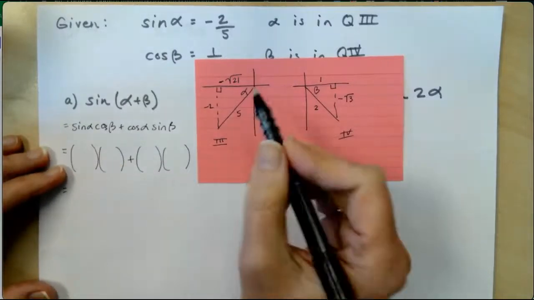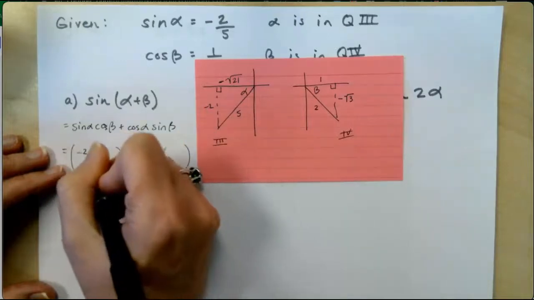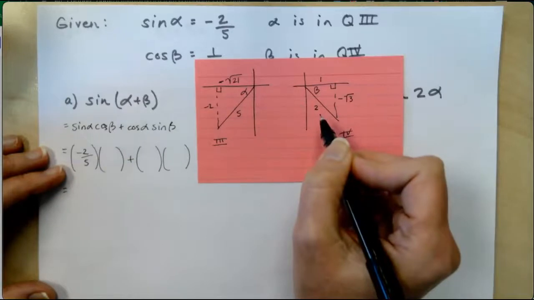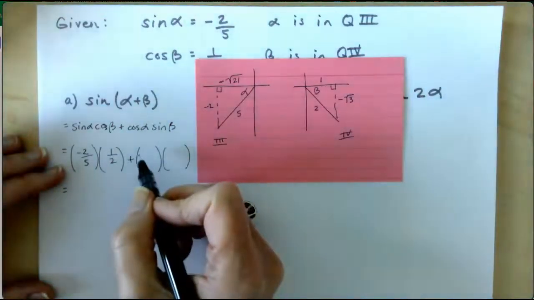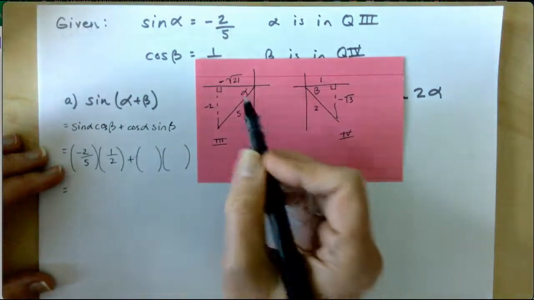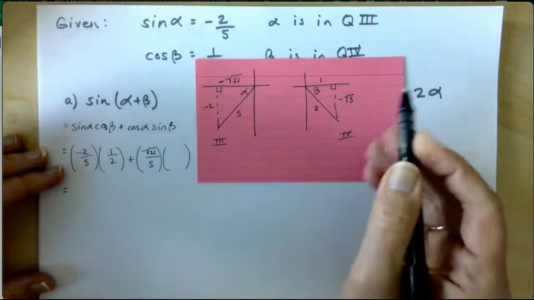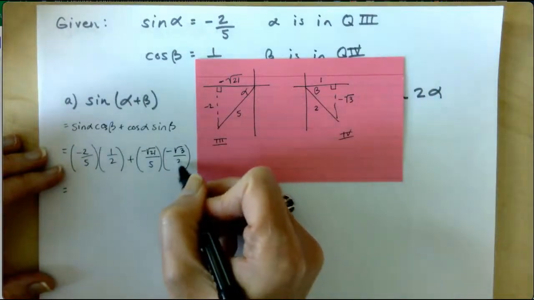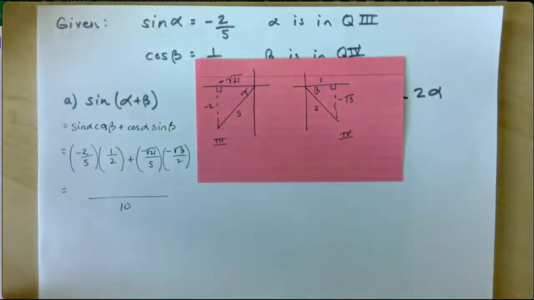So we will get the sine of alpha, which is negative 2/5, and the cosine of beta, which is 1/2. The cosine of alpha is negative root 21 over 5, and the sine of beta is negative root 3 over 2.